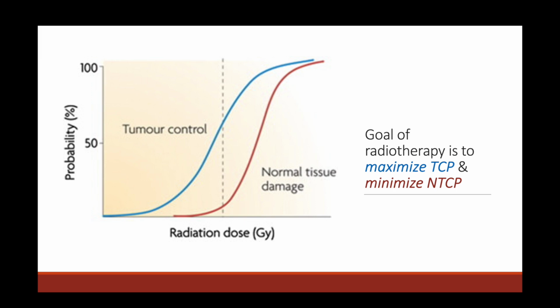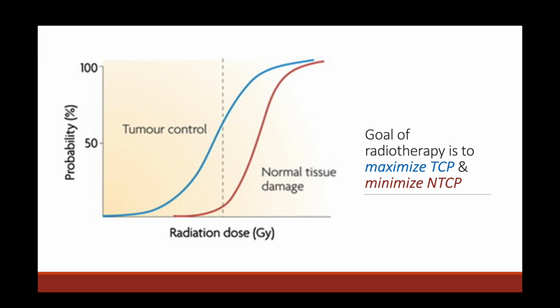This graph is a very simplified image because, of course, all tumors are going to respond slightly different to radiation, and all of our normal tissues are also slightly different when it comes to how they respond to radiation. But very simply, this is a pictorial way of representing everything that we're trying to do in radiation, which is to maximize the probability of tumor control while minimizing the probability of normal tissue damage.